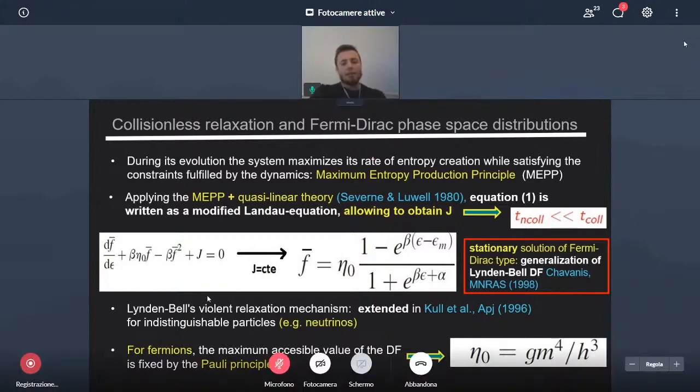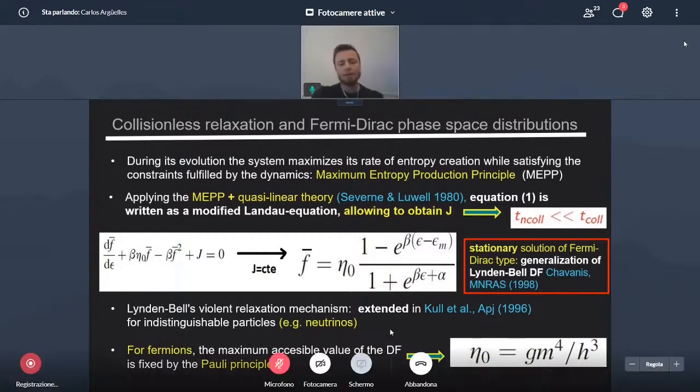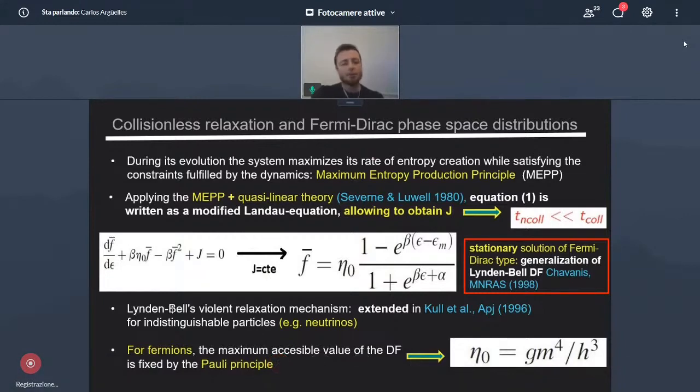Okay. Interestingly, of course, as you know, Lynden-Bell's theory of violent relaxation was meant to be for classical particles, right? He claimed indeed that he had found the statistics, a Fermi-Dirac for classical particles. Then Lynden-Bell's violent relaxation mechanism was extended also to indistinguishable particles, in Kull et al. two decades later, for example for neutrinos.